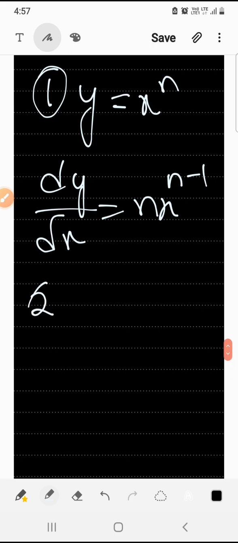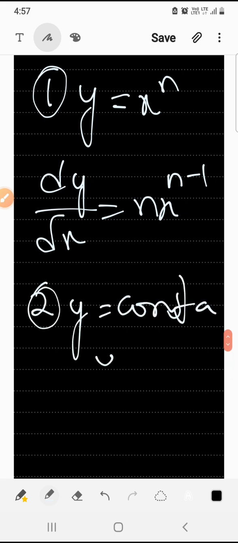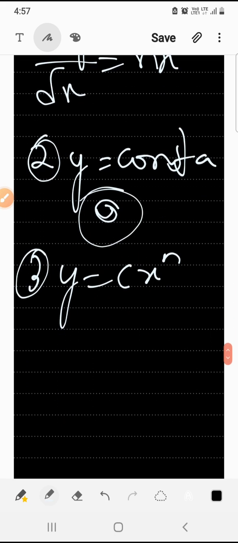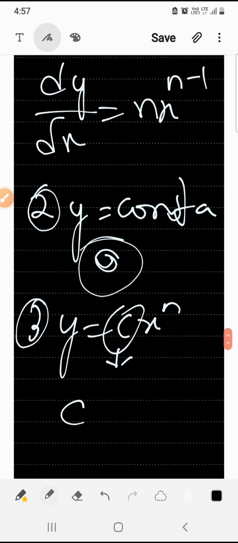The second rule, y equals a constant, then the differentiation is 0. The third, y equals c x power n, where c is a constant: keep the constant as it is and differentiate x power n, giving c n x power n minus 1.